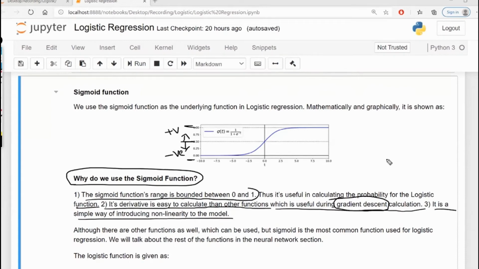We know what linearity is in linear regression. Non-linearity means the data points are not able to be divided linearly, so it is able to introduce this non-linearity to the model. So that is the sigmoid function property, I would say, right?